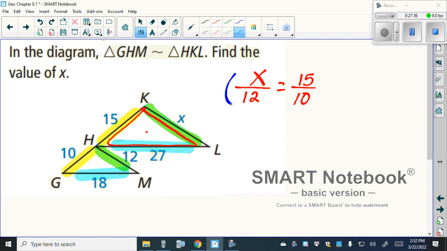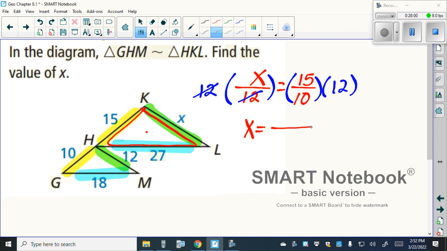We multiply both sides by 12. And we do this because these will cancel out. They will simplify to 1. Because we're saying 12 times 1/12, which is 12/12, which is 1.